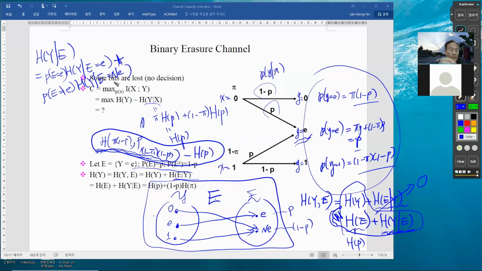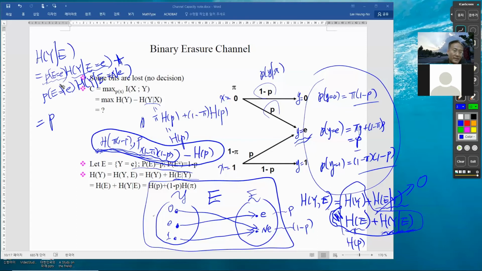So we consider this, and let's take a look at this part. Probability that E is equal to e is p, so that is p times. What about this one? When E is equal to e, what is the uncertainty on Y? Uncertainty on Y is 0, right?